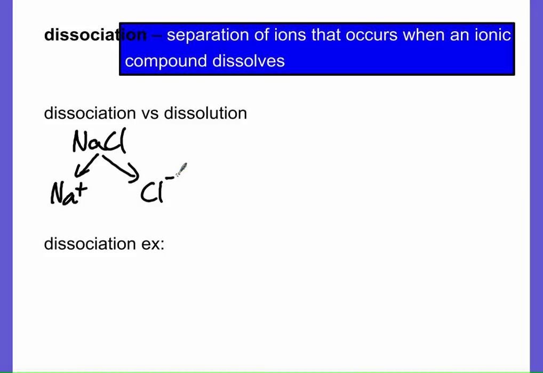Dissolution, on the other hand, is just dissolving, right? If you put sugar in water, it's still going to be sugar. It doesn't break up into pieces. It's just those sugar molecules, which are ultimately very, very small, obviously. Your crystals of sugar are going to break up because there are more than one molecule in there, but you're not going to separate into ions. You're not going to see ions floating around.